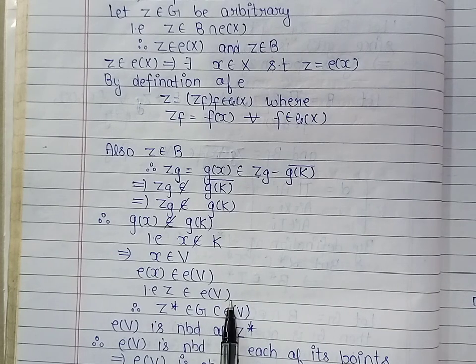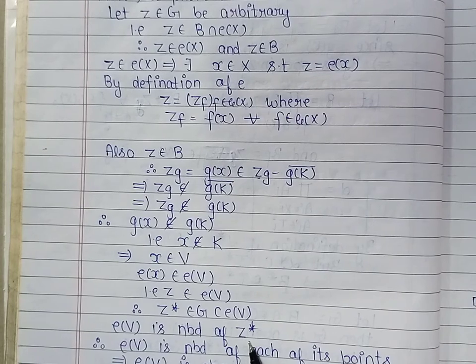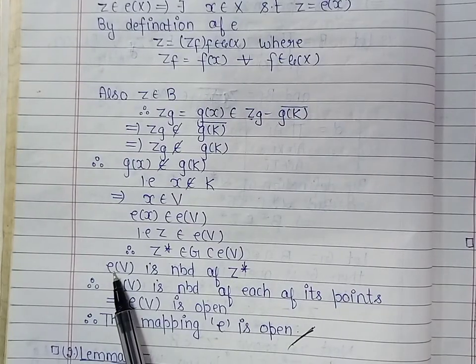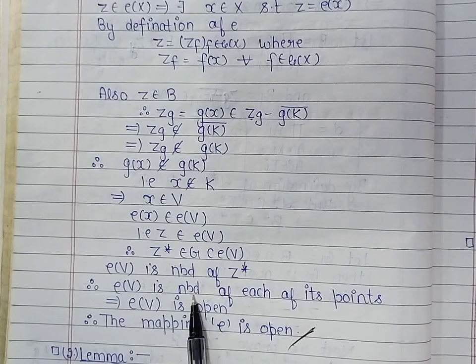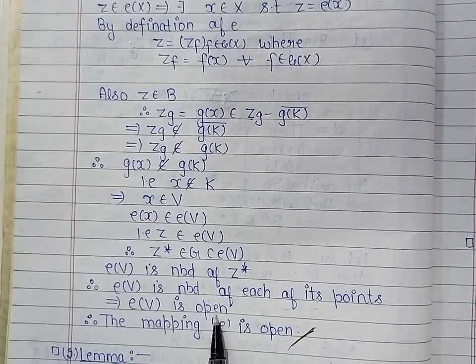So we have proved that E of V is a neighborhood of Z star and Z star is an arbitrary point of E of V. So we can say that E of V is a neighborhood of each of its points, and therefore E of V is open.